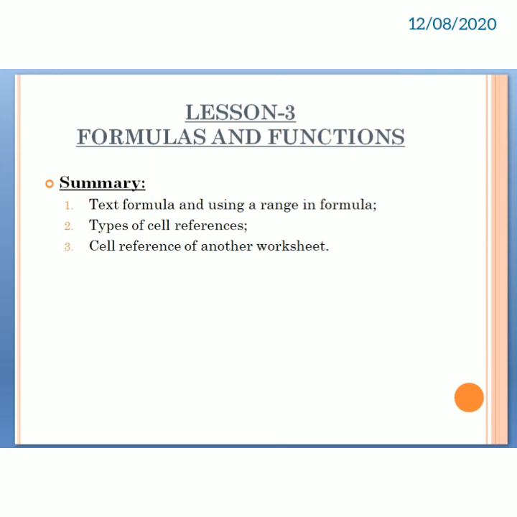So at first we have learned about text formula. Yes or no? So what are text formula? In text formula we are doing concatenation, the process of joining two or more text values together with the help of the ampersand symbol. Alright, then we have used ranges in formulas. We have used a range in a formula by assigning multiple cells to a formula by creating a reference or a range.